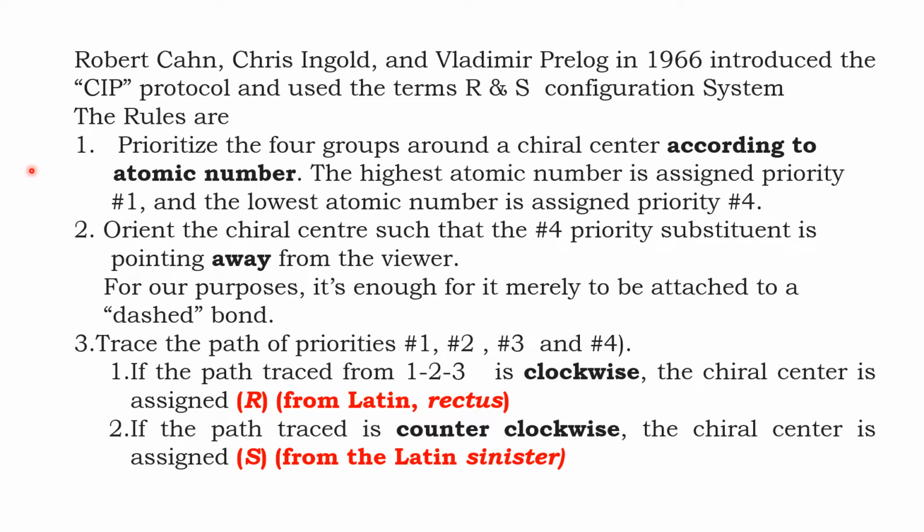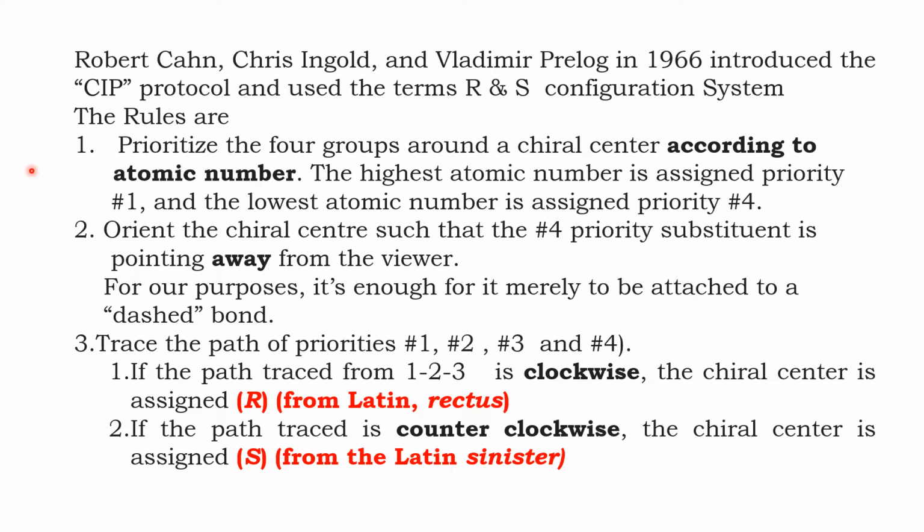That means we have to give the priority for these four, fluorine, chlorine, bromine and iodine, based on their atomic number. Here the highest atomic number is for iodine.